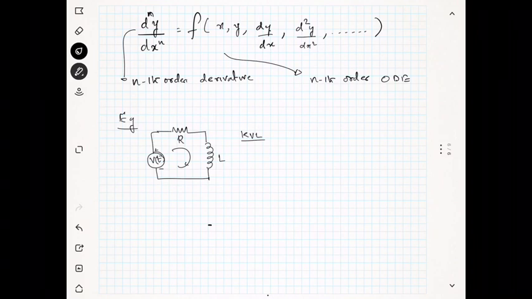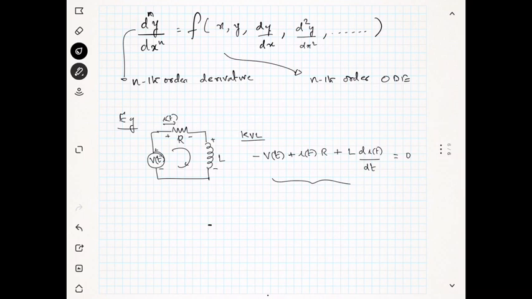The current moves like this, so this is I of t. The KVL gives minus V of t plus I of t into R, and the voltage across the inductor is plus L into di of t over dt. Now this is equal to 0.